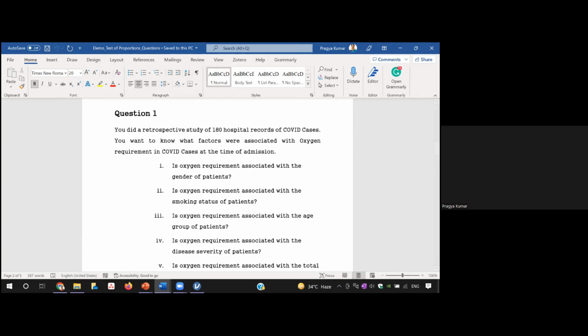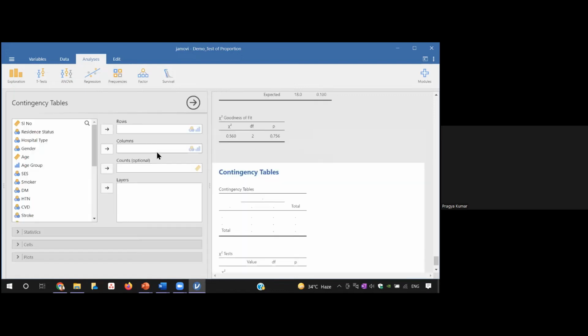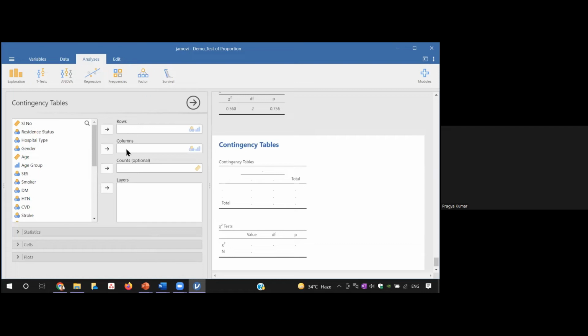So how will I do that? I will go here, and again there is an option of frequency. In this frequency, initially we used the chi-square test of goodness of fit. Now we will use the contingency table, the 2 by 2 table, for independent samples. I click this. Now you can see there is a row and there is a column.